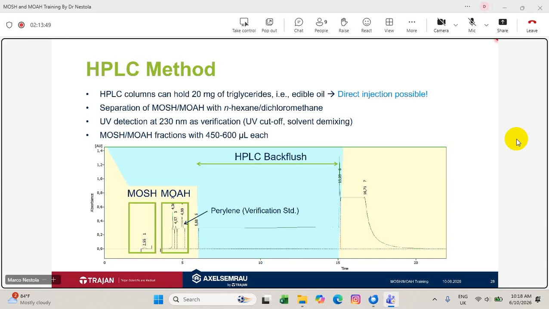Because as you can imagine, when the gradient didn't work, or when the pump has any problems, or when somebody put wrong solvents into the bottles, the MOAH separation can be influenced because it needs some kind of polar modifier to be eluted. While MOSH, regardless of whether you're using hexane, pure dichloromethane, or another pure solvent, will always be eluted in the void time of the column.